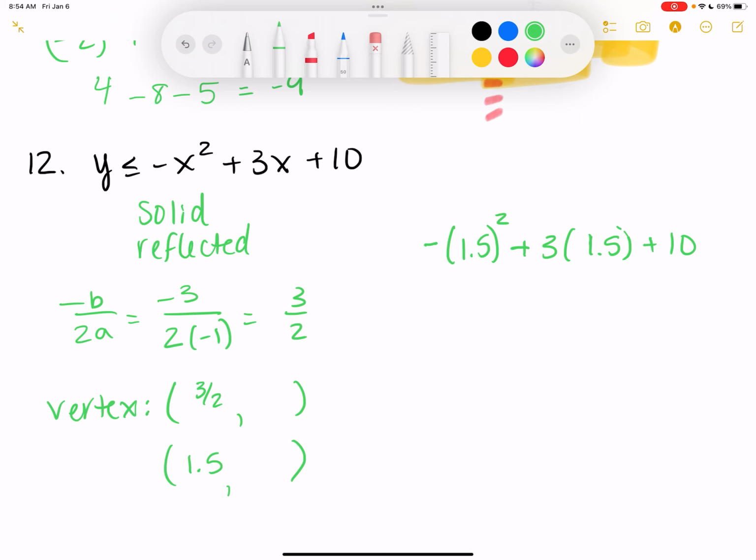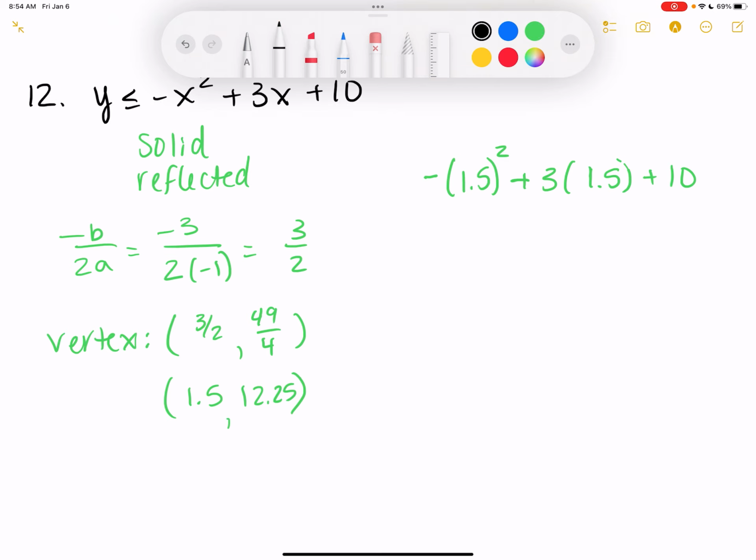So it's 12.25. And if you're so inclined to want it as a fraction, it's 49 over 4. A lot of times when I'm graphing, I do prefer to have decimals just because they're easier to work with.